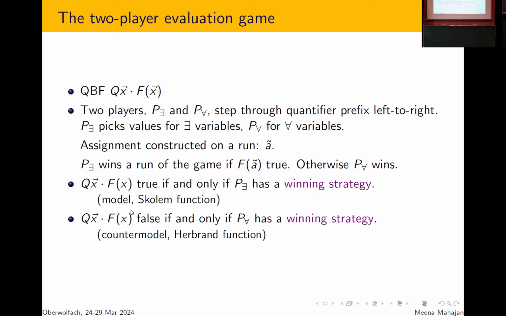So the way the existential player would force a win would be described by some kind of a winning strategy in this game: how to choose the value of a variable, given the values of all the variables that have gone before, which have already been assigned. And such a winning strategy is exactly what we call a model or a Skolem function. If the sentence is false, then the universal player has a winning strategy, which is a countermodel or a Herbrand function. And then we have proofs which are trying to search for either models or countermodels.